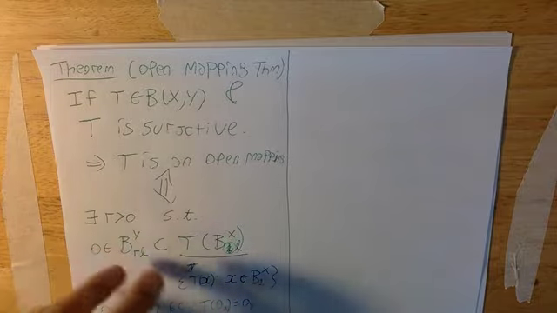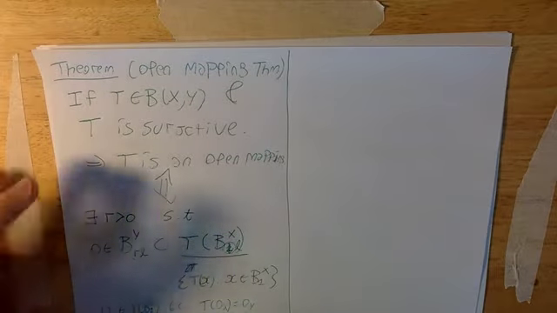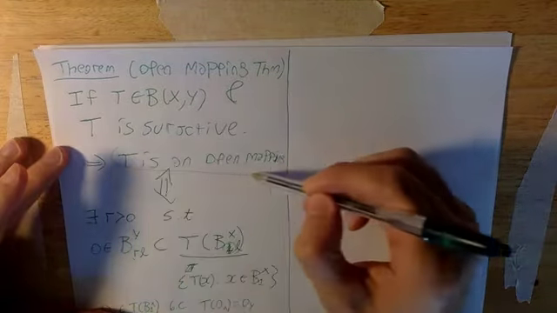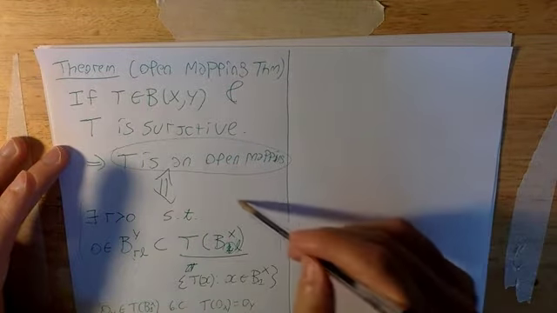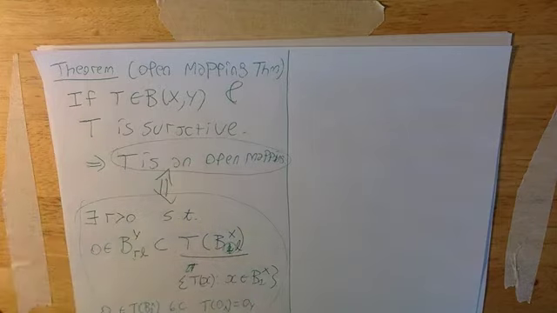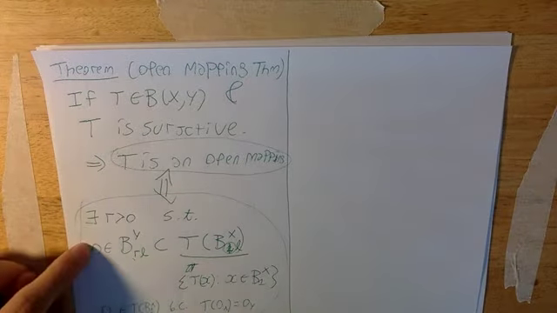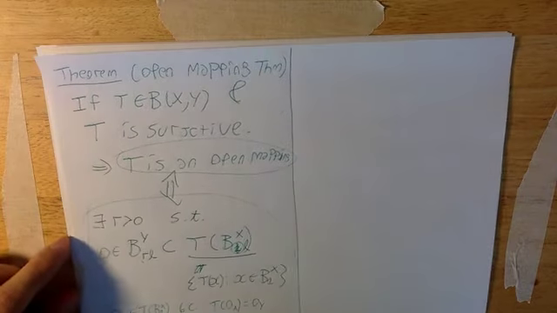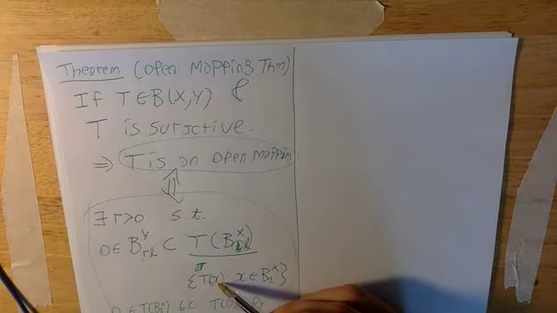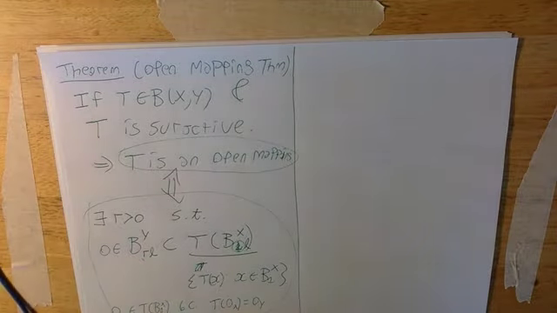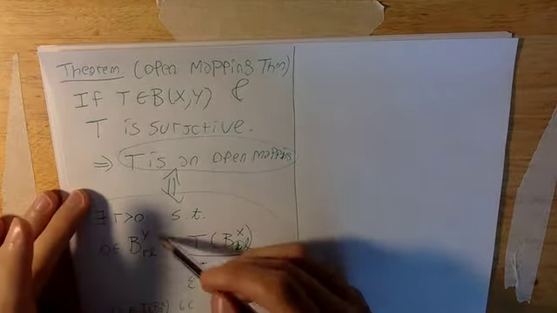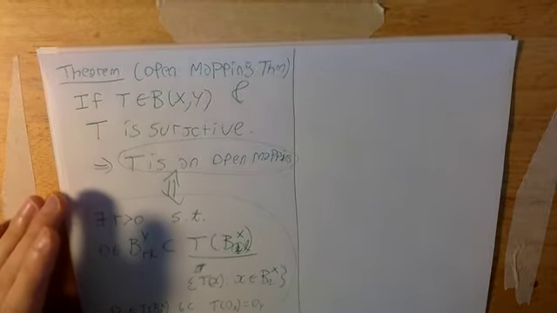So you can start playing with all of this, and showing that T is an open mapping is equivalent to just showing this property, because you can always translate everything around 0. If you have some mapping T of x naught equal to y naught, you can treat this as 0 and then see that there is a little ball around this point.